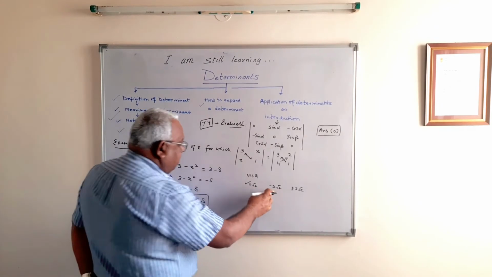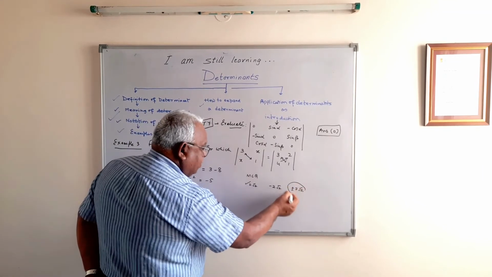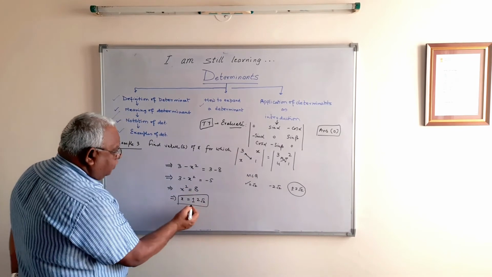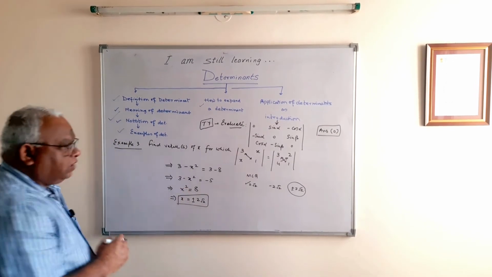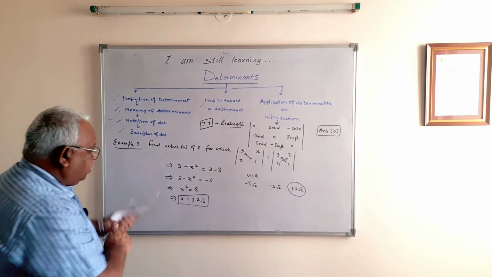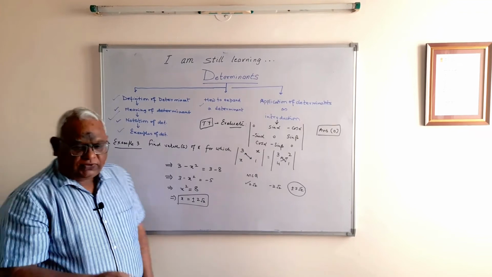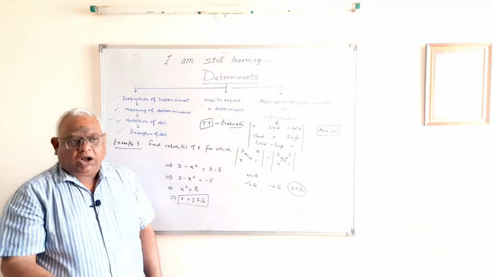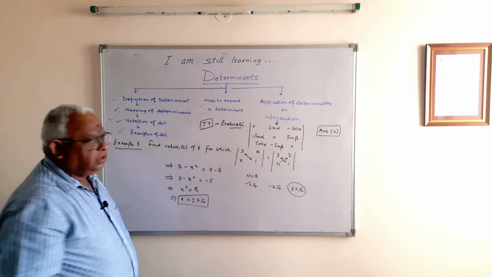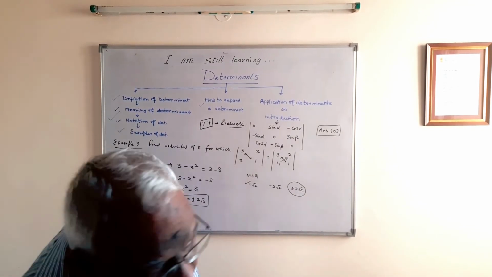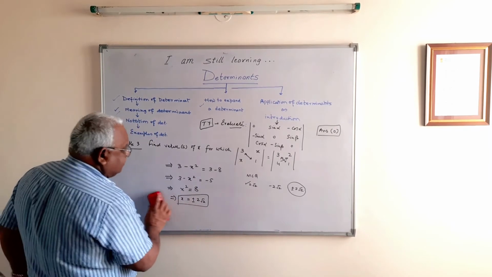The moment you write minus 2 root 2, you will still get 0. So your perfect answer is plus minus 2 root 2, whenever it's a quadratic. Whenever you have degree 2, the value may be defined or not, that is another case. But normally when you are solving a quadratic, you will get two values for x. So this is the answer.